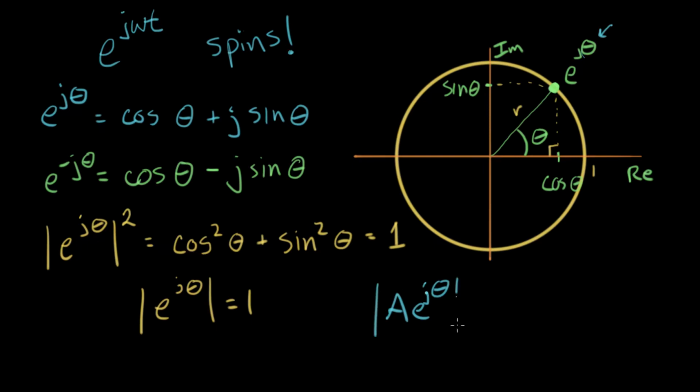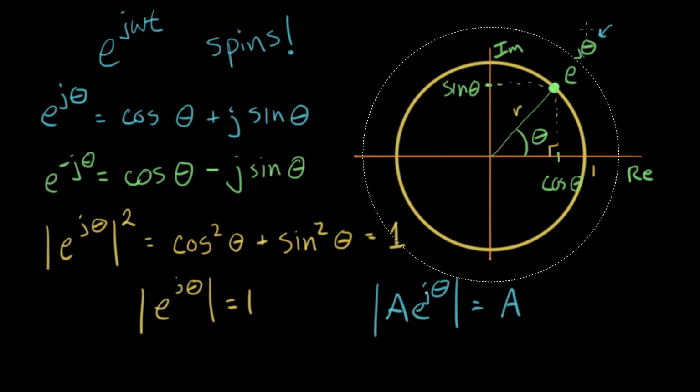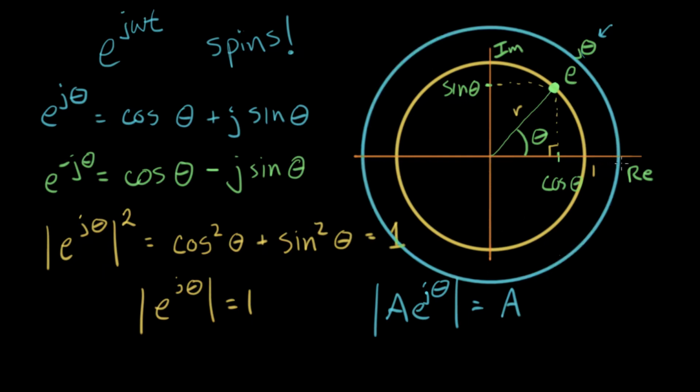So if I wanted to know how far away it is, well, the magnitude of e to the j theta is 1, and the magnitude of A is A, so this equals A. And if I was to sketch in a circle for that, let's say A was a little bit bigger than 1, it would be a little bit farther out, and this would have a value of A. The radius would be A.